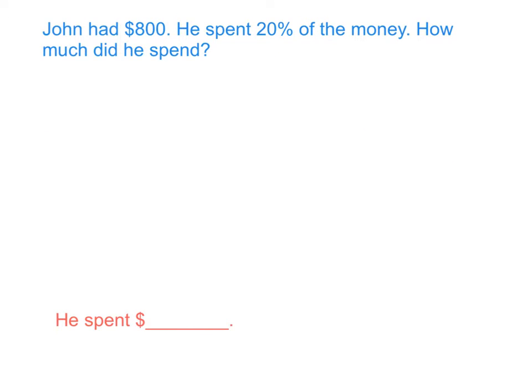Pause the video and try one of the methods to solve this one. In this one he has $800 and he spent 20% of the money. So in the first method we have our box of $800, and we're going to find 1%, and then the question wants to know 20% is how much.